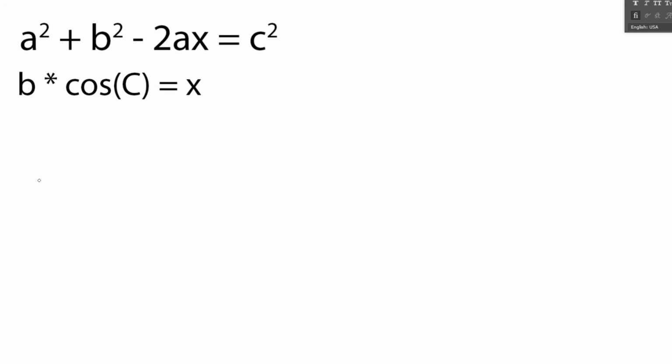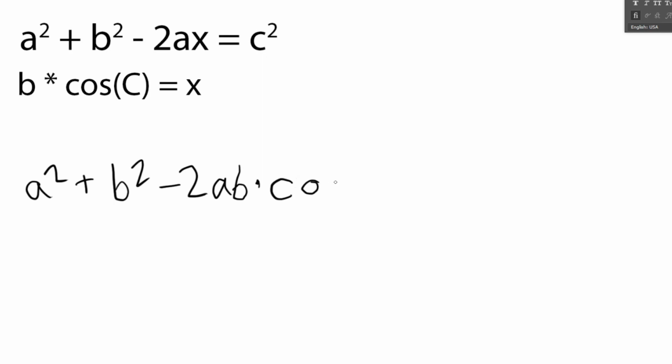So we can write this out as a squared plus b squared minus 2ab times the cosine of c.